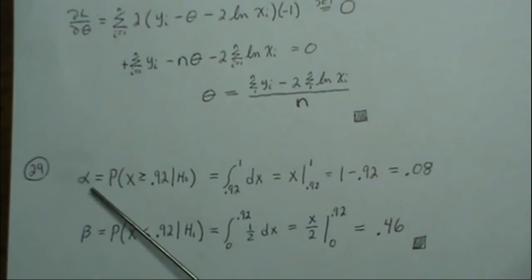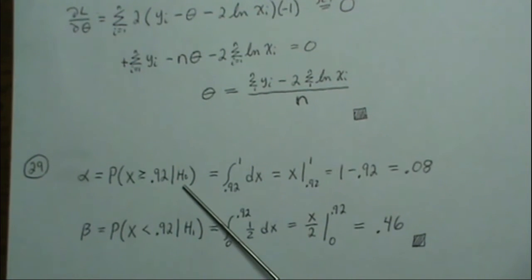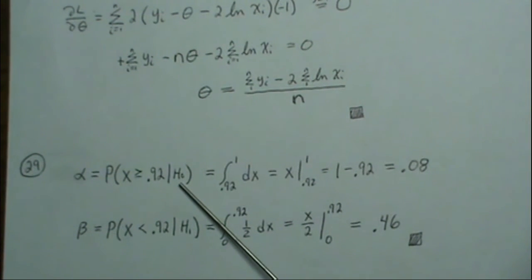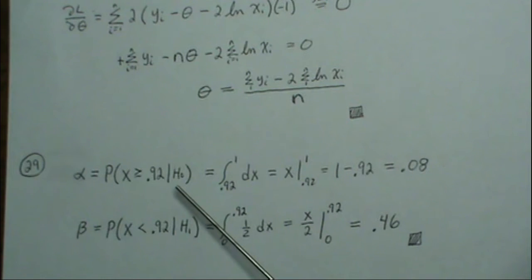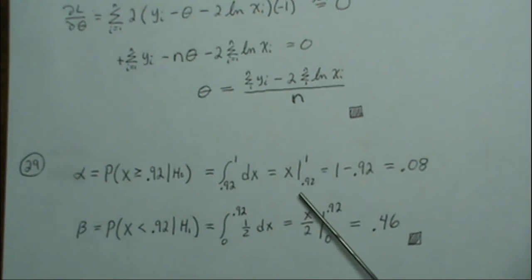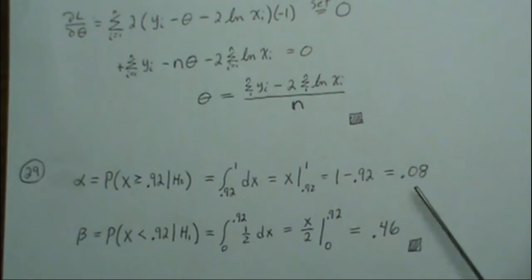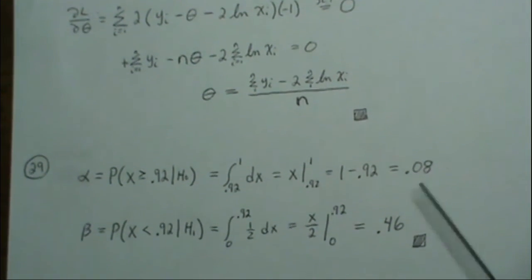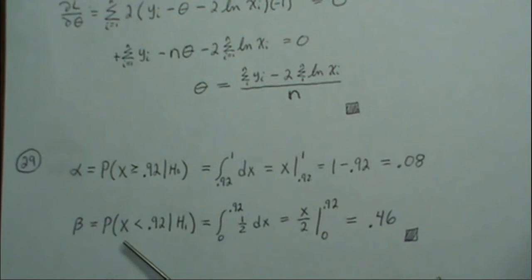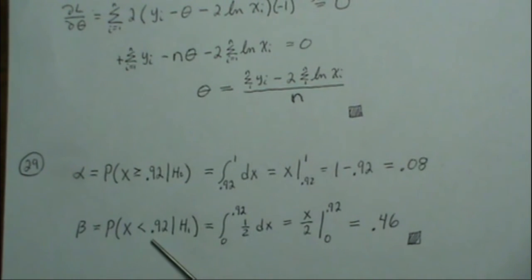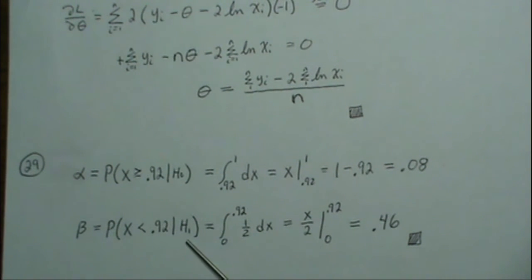So type 1 error, we assume that the null hypothesis is true, which is theta equal to 1. So we integrate here from 0.92 to 1, and it's this, 0.08 is alpha.